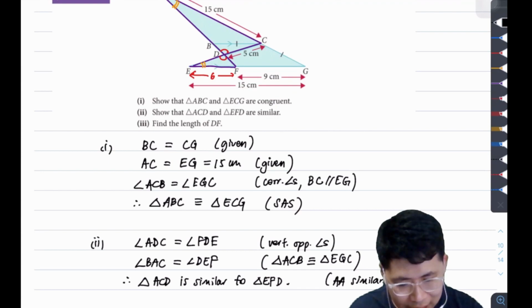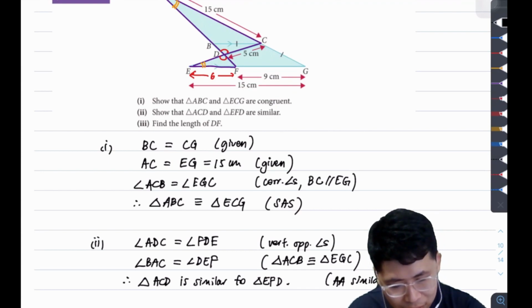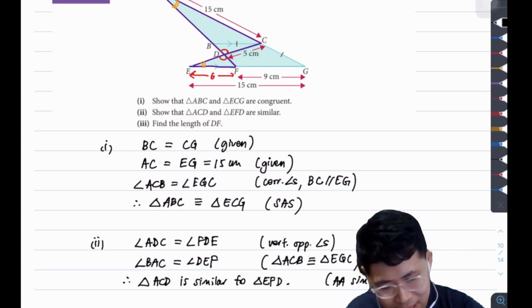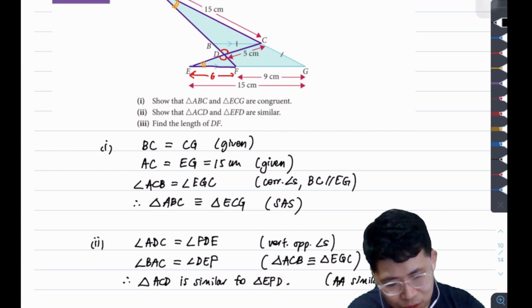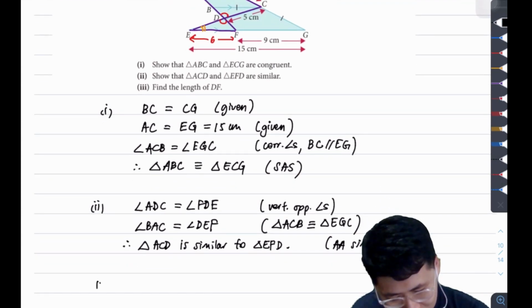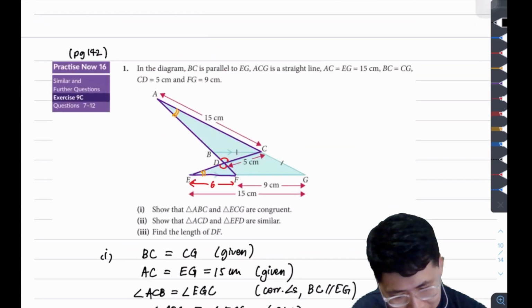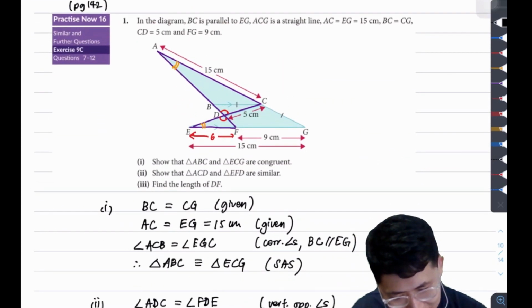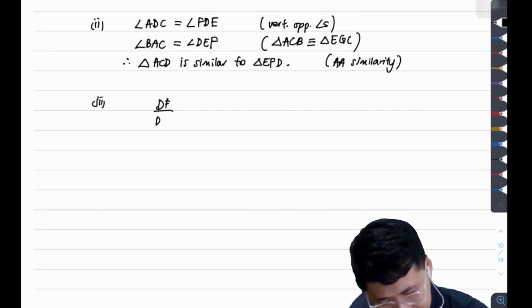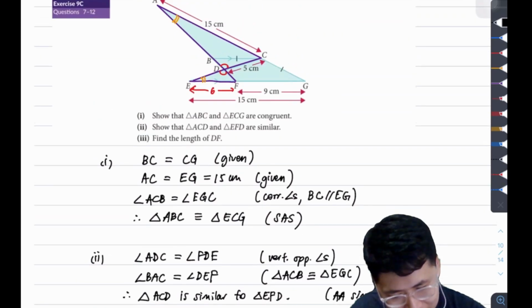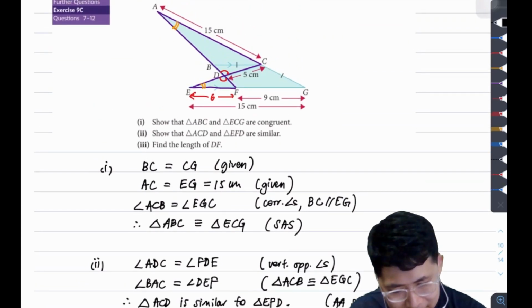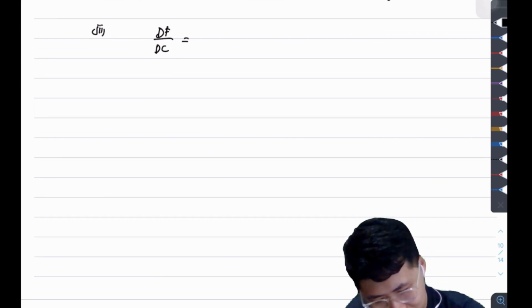Part 3, find the length of DF. So DF is actually mapped with this 5 cm over here, and we have a 12 and 15, just nice. Okay, so part 3, DF is the small one divided by the big one, which is DC. Then the next one to try is AC and EF. So EF first, then AC.